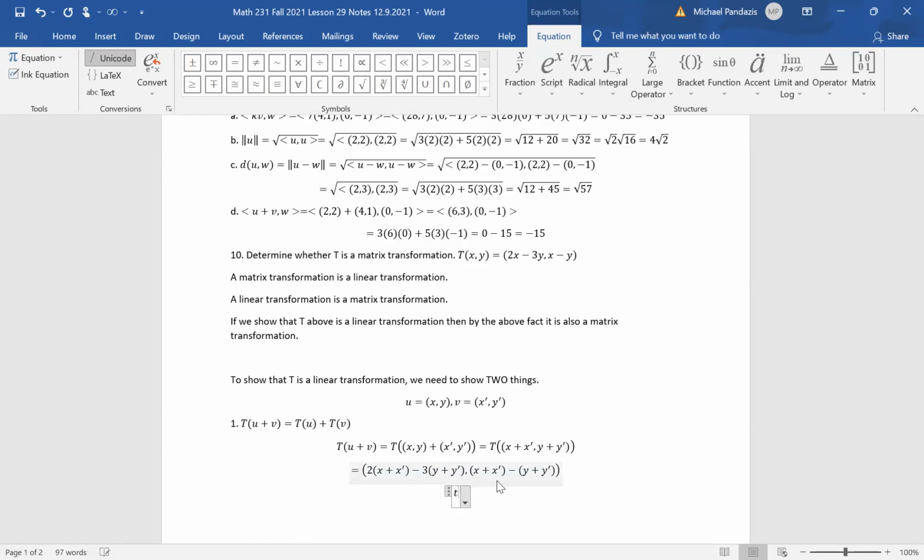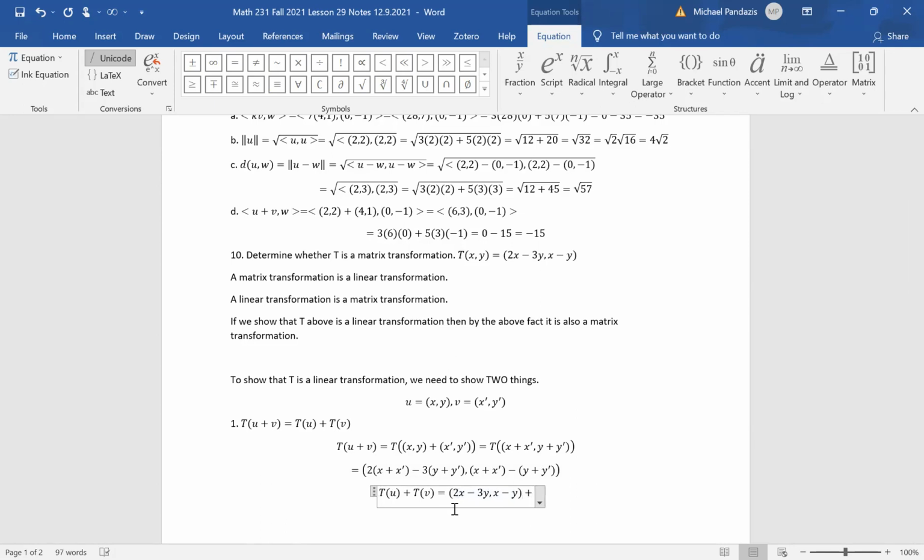Now, T of u plus T of v is equal to, well, T of u is 2 times the first component of u, which is x, minus 3 times the second component of u, which is y, comma, x, the first component, minus y, the second component, right?